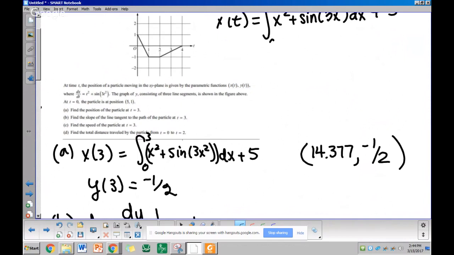We have to do it from 0 to 1 plus 1 to 2. Why?